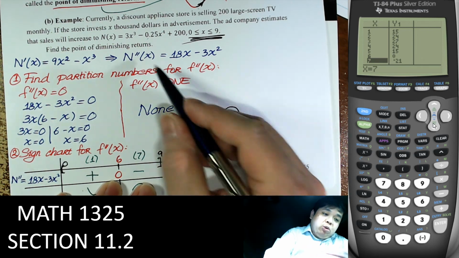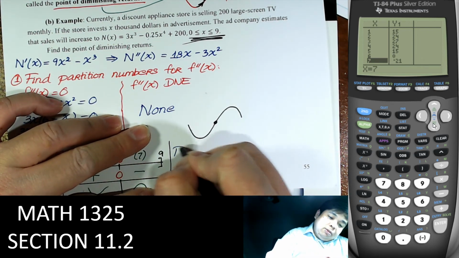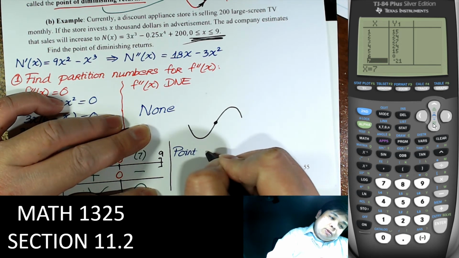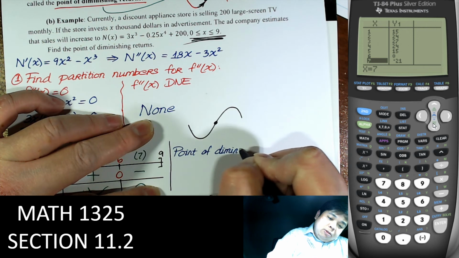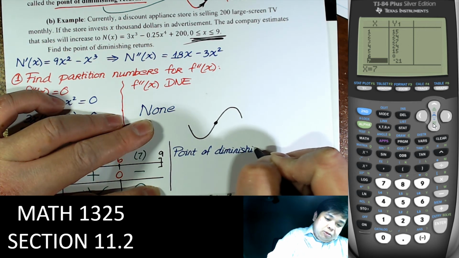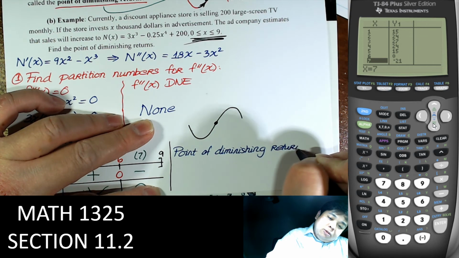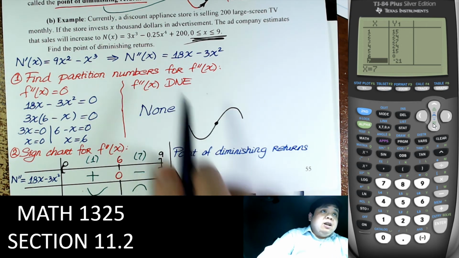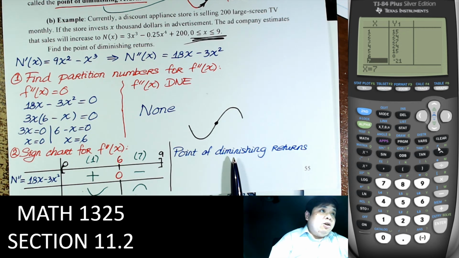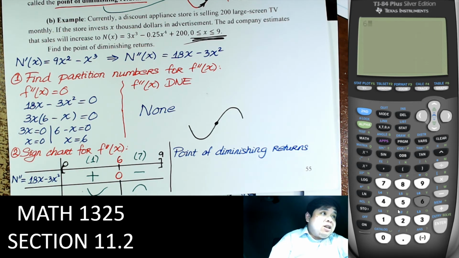And if we want to, we can put 6 in the original function. Remember, use the original function if we want points. Right, 6 turned to x.